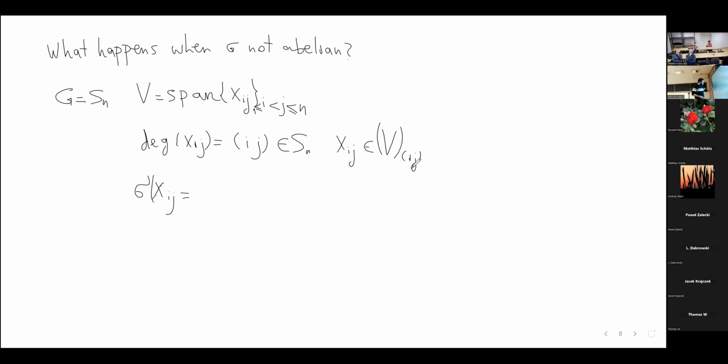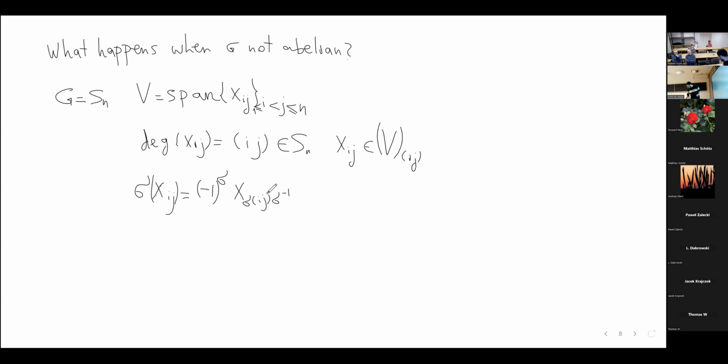Sigma of Xij is going to be minus 1 to the sign of sigma, times X of sigma (i j) sigma inverse. So basically, I have a basis parameterized by all transpositions, and this is how the action of the group looks. So we might ask: do we get here a finite dimensional Nichols algebra or not?